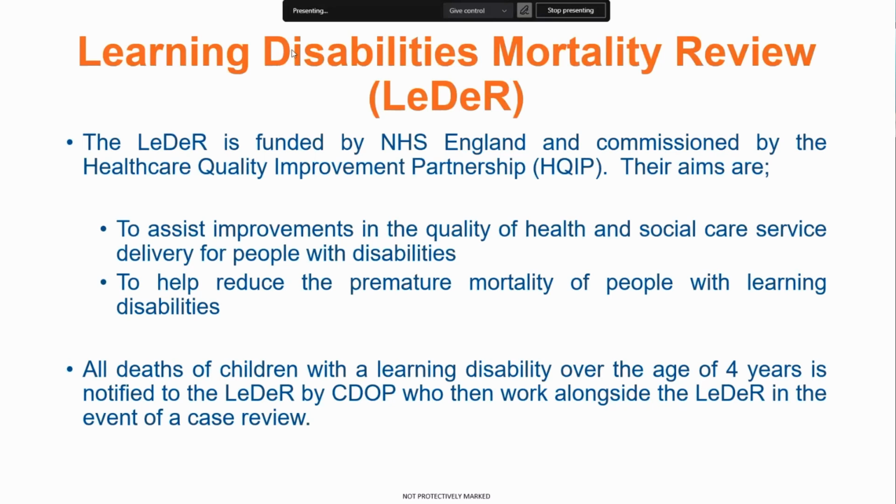All deaths of children with a learning disability over the age of 4 are notified to LeDeR by the Child Death Overview Panel, and they will then work alongside LeDeR in the event of a case review relating to that death.